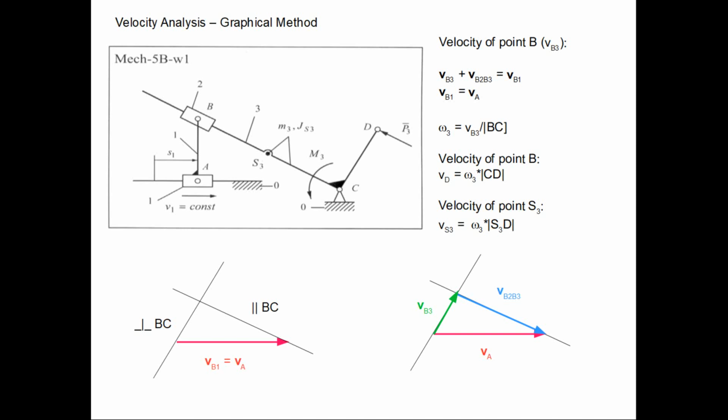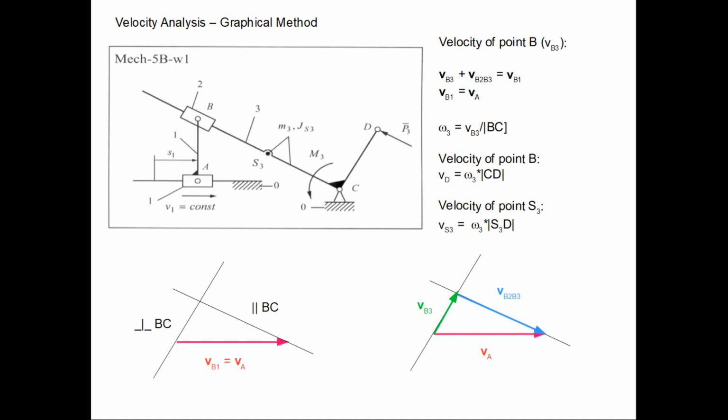But our task was to find the velocity of a point D. So first of all, we see that the rod three points B, C, D are connected by a weld.